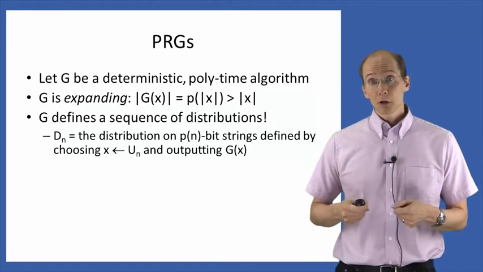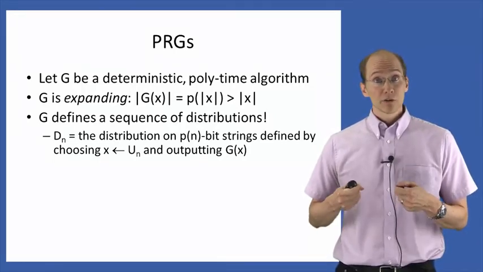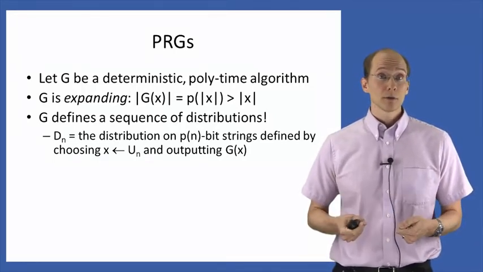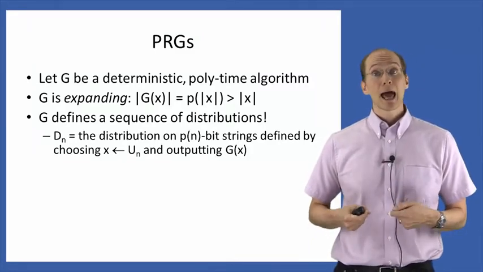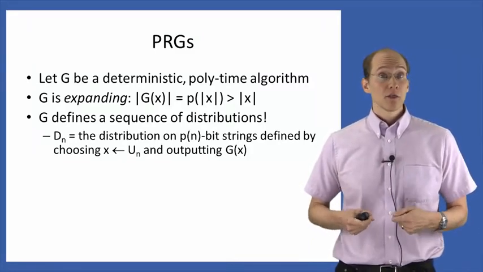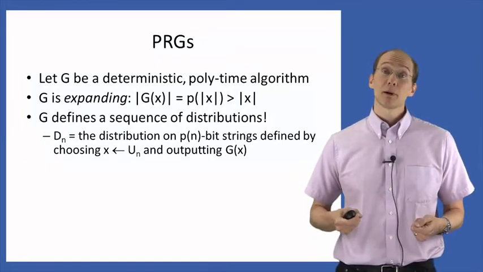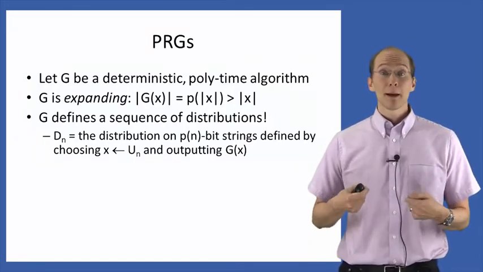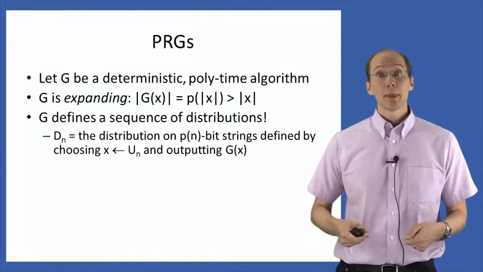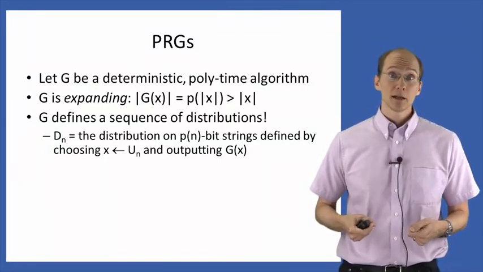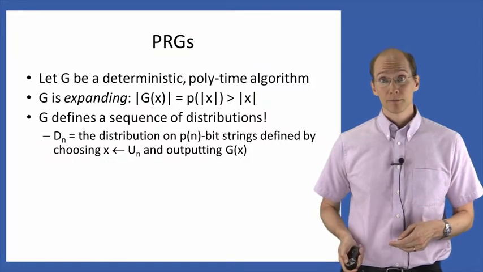It's going to be the distribution on strings of length p(n) defined by choosing a uniform seed x and then outputting G(x). This is a valid distribution on strings of length p(n), right? It's defined by this process by which we sample a uniform seed and then apply G to that seed to obtain a string of length p(n).